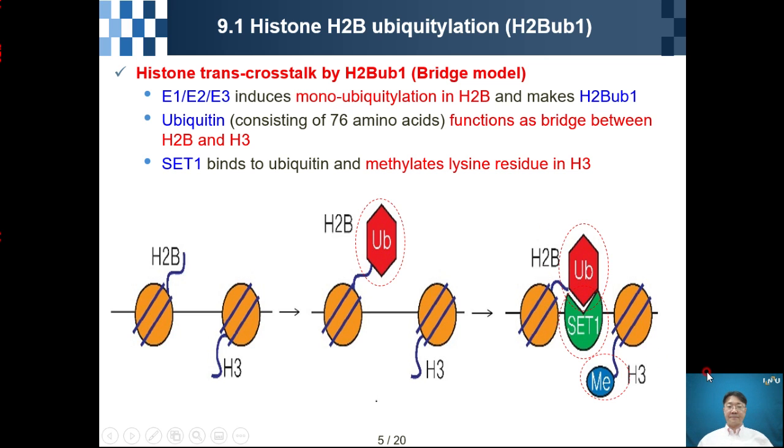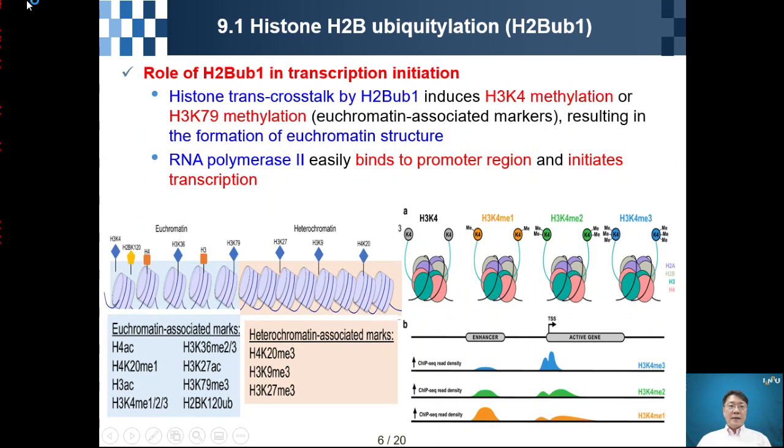In this slide, I will explain the role of H2B-UB1 in transcription initiation. In the previous slide, we learned about histone trans crosstalk by H2B-UB1. There were two models: the first was the wedge model, and the second was the bridge model.